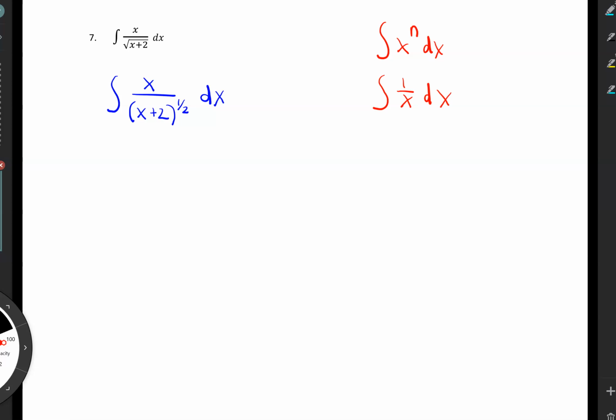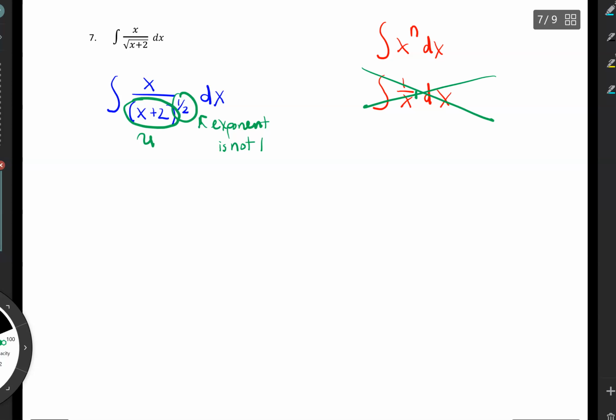Well, it can't be the reverse ln of x rule, because remember there's an understood exponent of 1. So even if I made this binomial a u, the exponent would not be a 1. So if the exponent is not 1, I can't use my reverse ln of x rule. So I must be trying to use my reverse power rule.